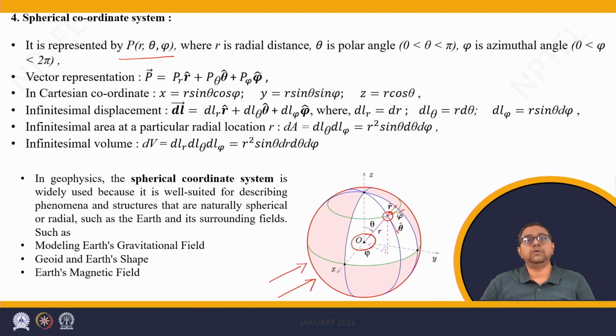Now take a look at the diagram. This is the unit vector r hat. This is the unit vector of the polar angle.